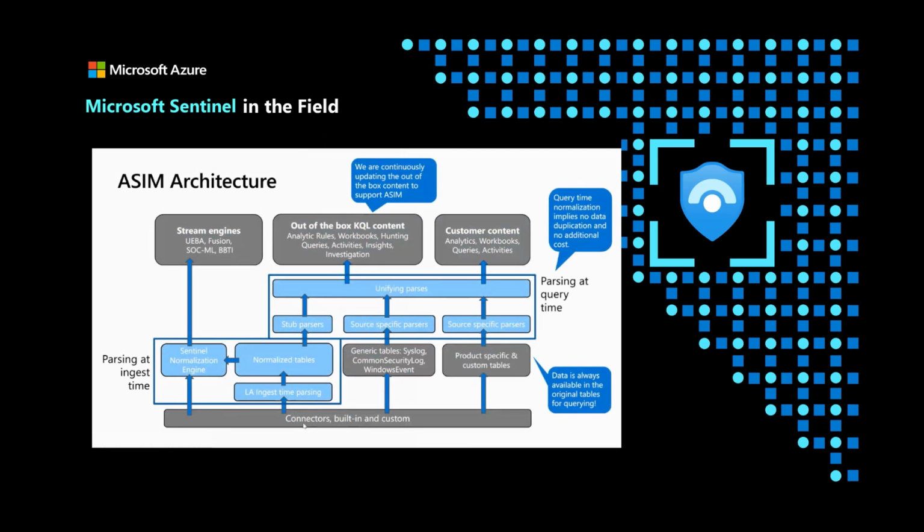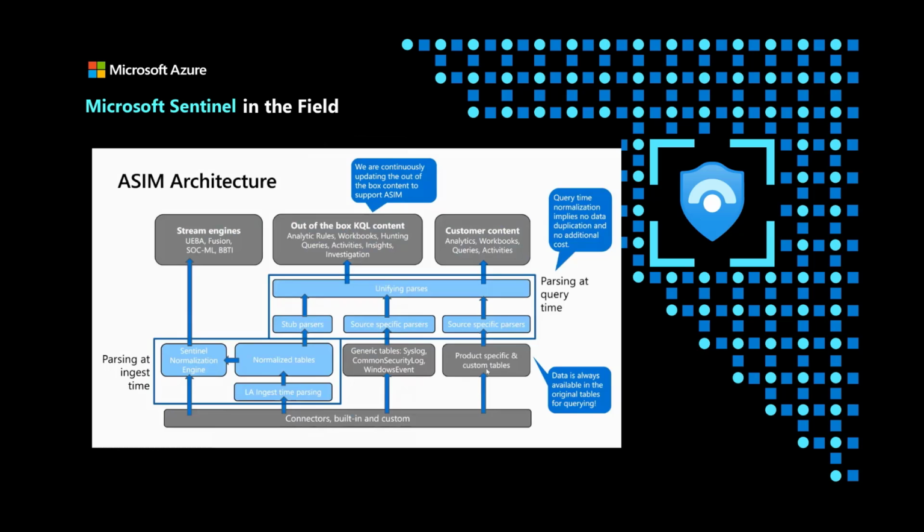As you know, when we collect data in Microsoft Sentinel, it can get to generic tables such as syslog or core security log or Windows event, or to product-specific tables, or sometimes there are custom tables such as the DNS events table we saw in the demo before, or the AWS CloudTrail tables. Those are not normalized tables.